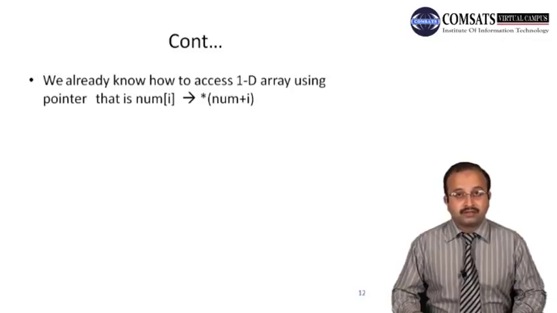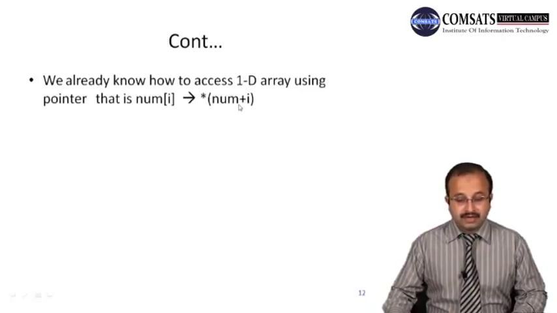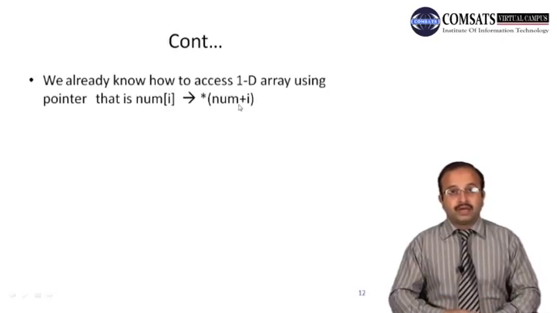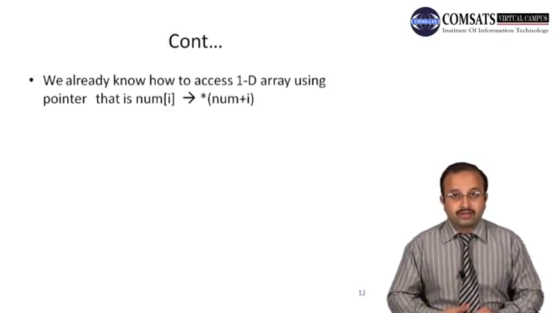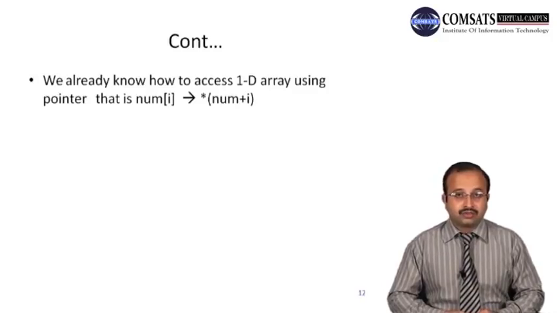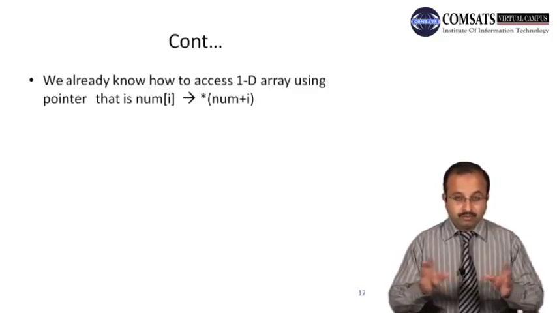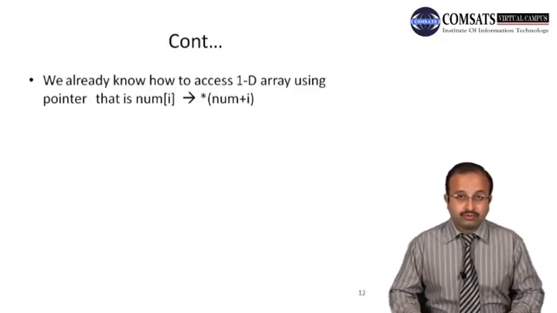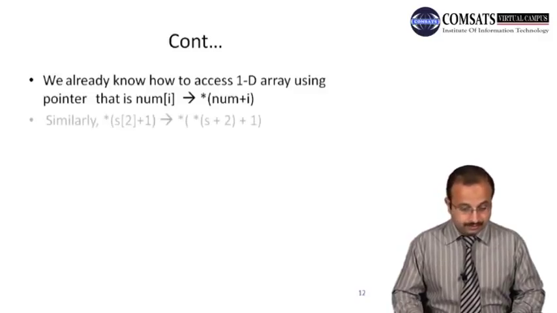That is the address of the third element, at index number 2 in the num array. So num is 500 plus 2, that is 508, and star 508 will give you the value at address 508, that is the third element or the index 2 element in the num array. ठीक है? I hope you remember all these figures that I showed you when we were in the 1D array.